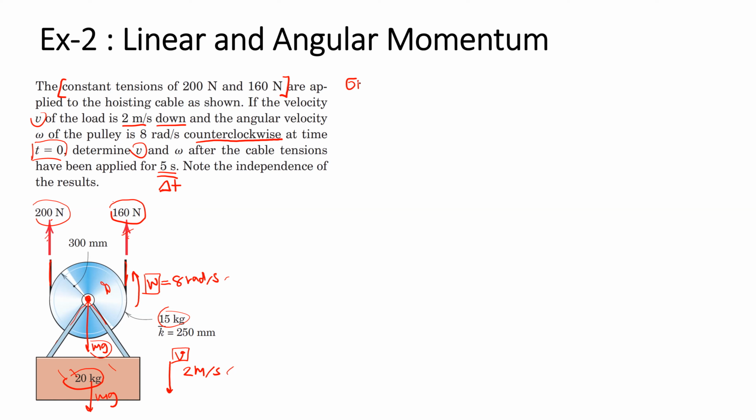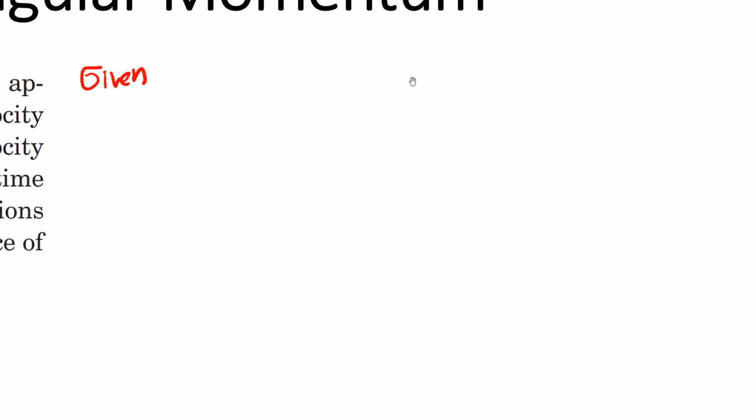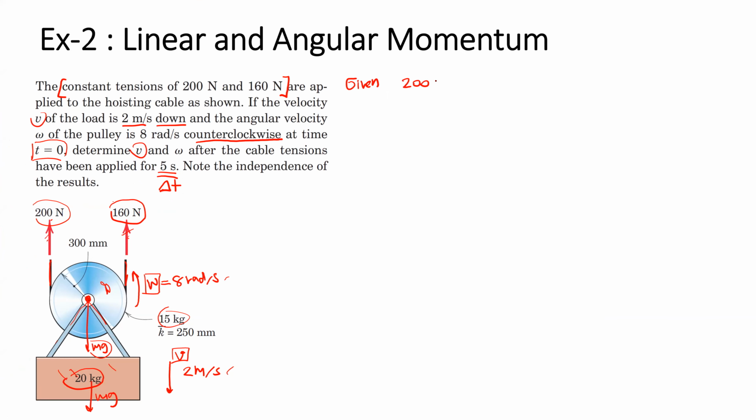So we have the force 200 Newton and the force 160 Newton constant, and initial speed 2 meters per second in the downward direction.